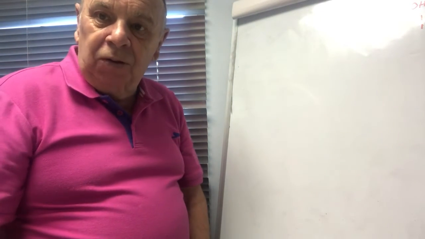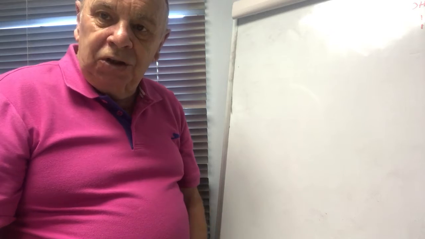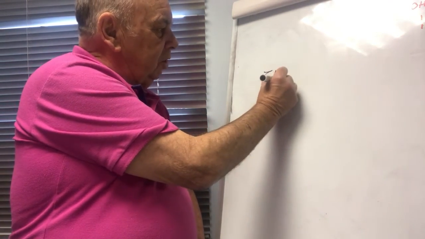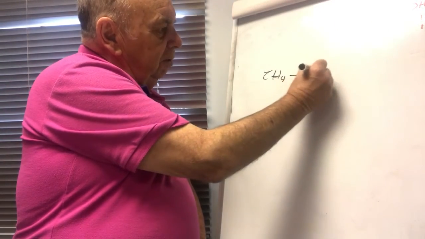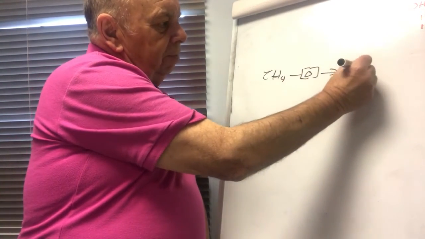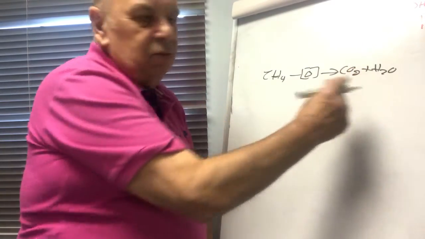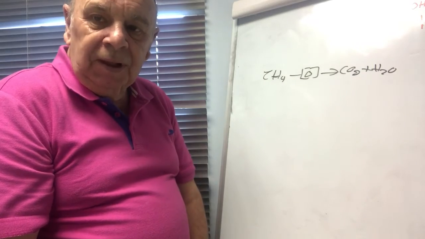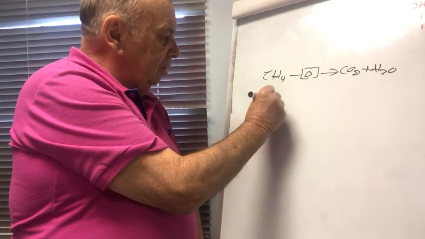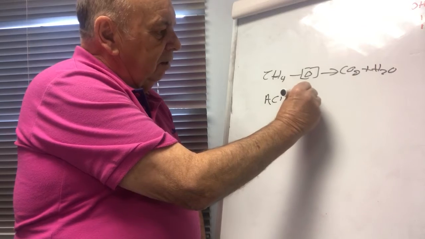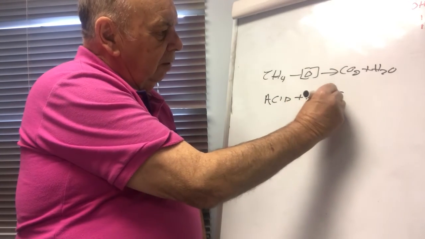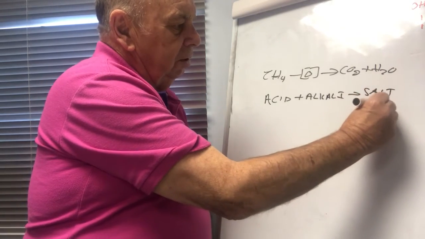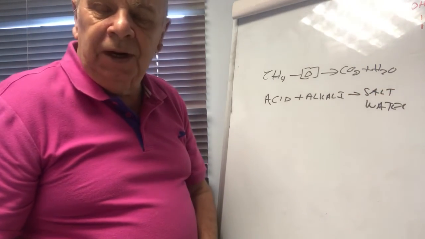If I took a fuel and I burn it in oxygen, for example, if I took methane gas, CH4, and burn it in oxygen, it gives me carbon dioxide and water. It's an exothermic reaction. And if I take an acid and an alkali, which gives me a salt and water, it's an exothermic reaction.